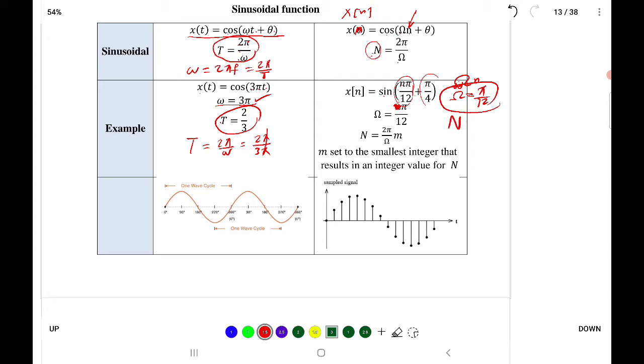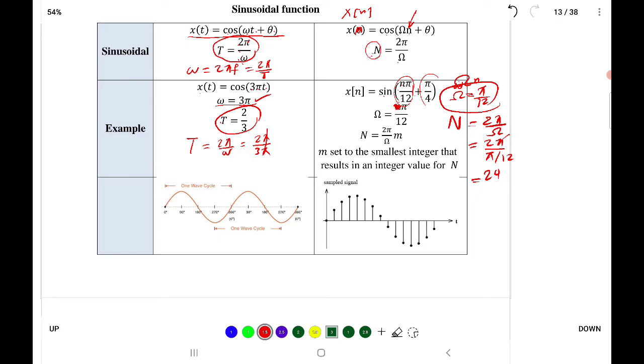How do you find the period? Similar: we saw T equals 2 pi over omega, and we see N equals 2 pi over omega. 2 pi over pi over 12 will be equal to, cancel pi, 12 goes to 24. So N, the period, is equal to 24.